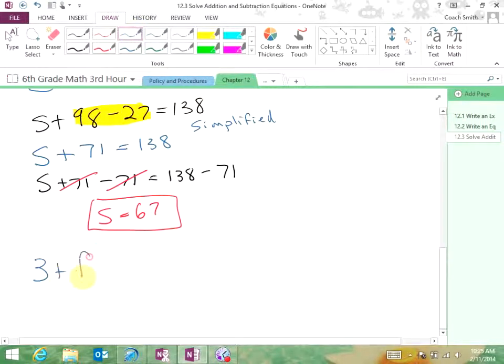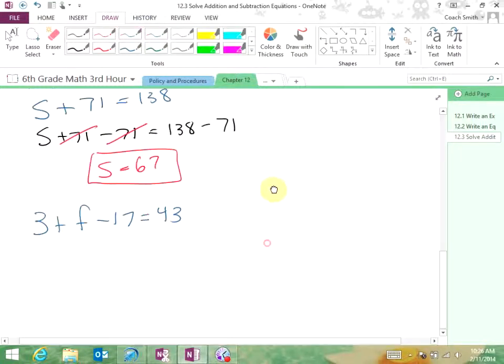3 plus F minus 17 equals 43. Okay? Two different ways you can do this. This is the easiest way.